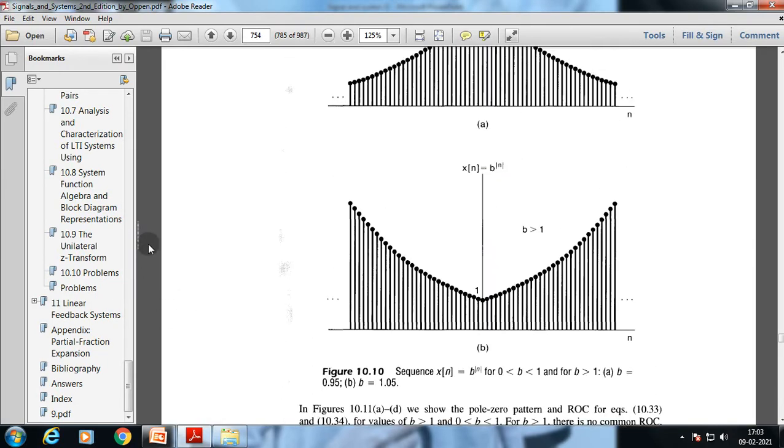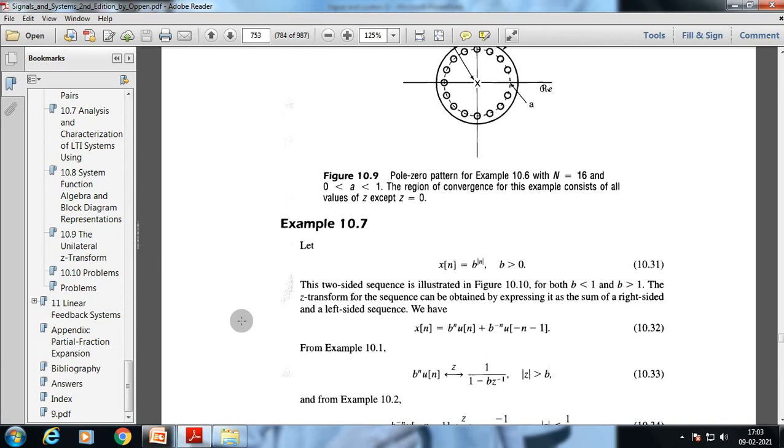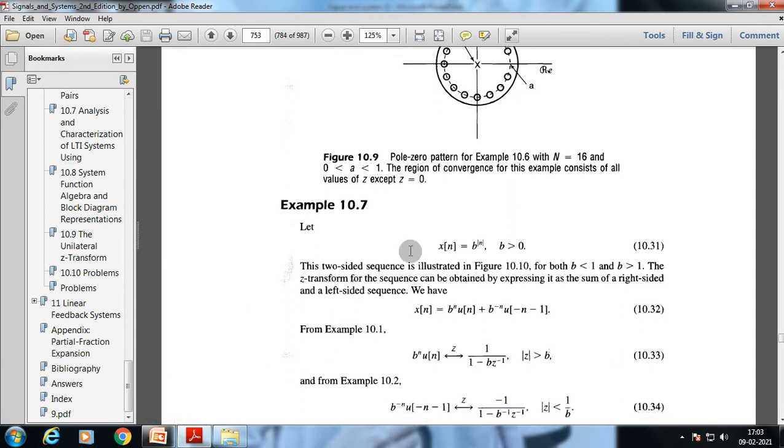Okay, so as we are discussing, this example x of n is b to the power mod n, where b is greater than 0. This two-sided sequence is illustrated in figure 10.10 for both b less than 1 and b greater than 1. The z transform for the sequence can be obtained by expressing it as the sum of right-sided and left-sided sequences.